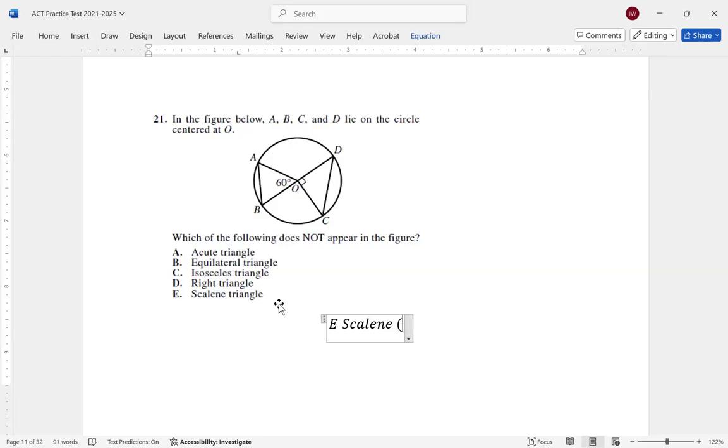Scalene triangles mean that no sides are the same, and none of the triangles we see here have every side being different. So scalene means every side is different, or no sides are the same. And so E is the correct answer to 21.